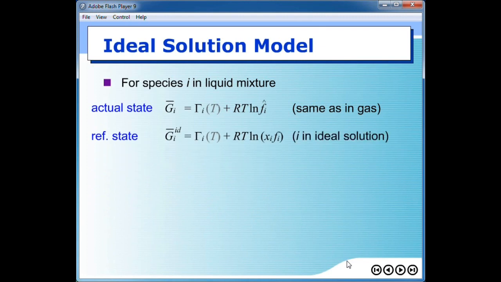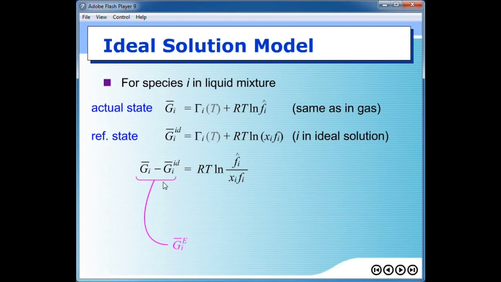Then take the actual state subtracted by the reference state. The phi on this part and that part would cancel out. On the right-hand side, we get RT logarithm of this ratio. On the left-hand side, this is not residual properties. This is the deviation from ideal solution. This is called excess properties.